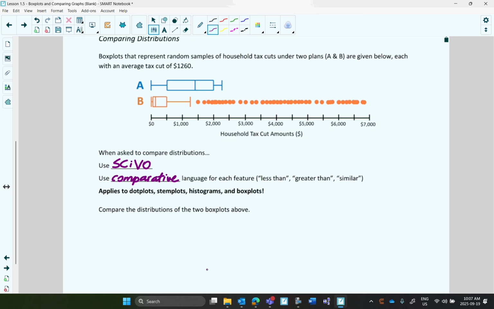One distribution is skewed or roughly symmetrical, while the other distribution is whatever. The median or mean of one distribution is greater than the median of the other distribution, or less than the median of the other distribution.